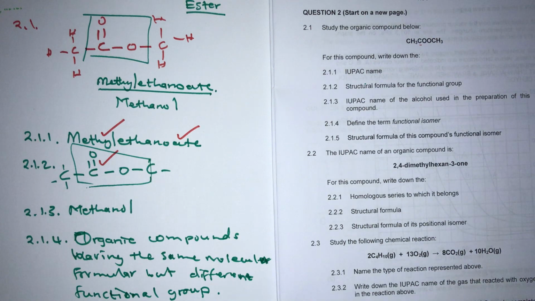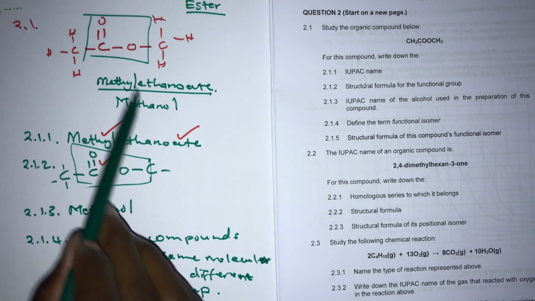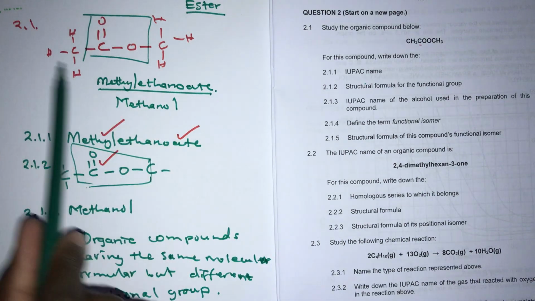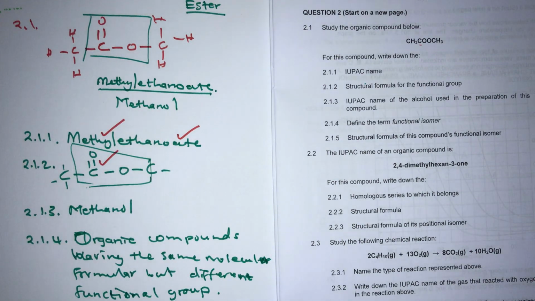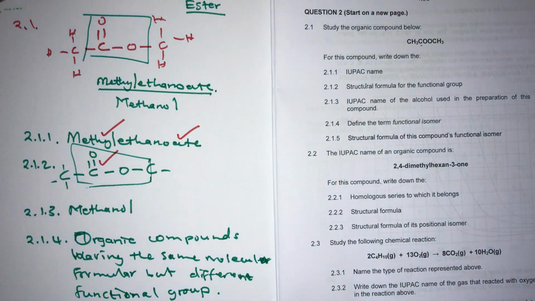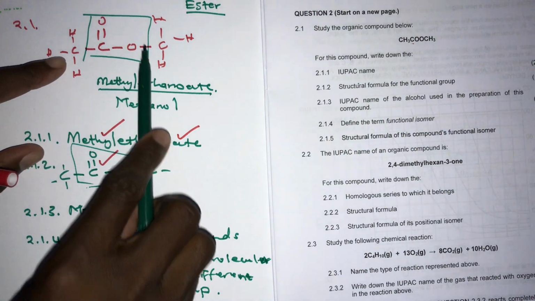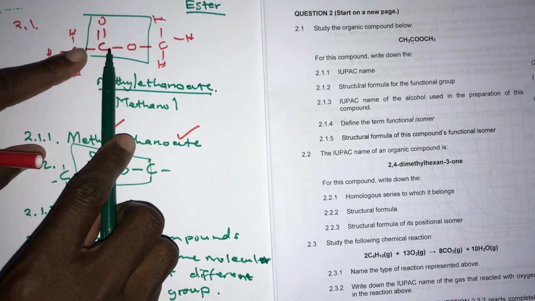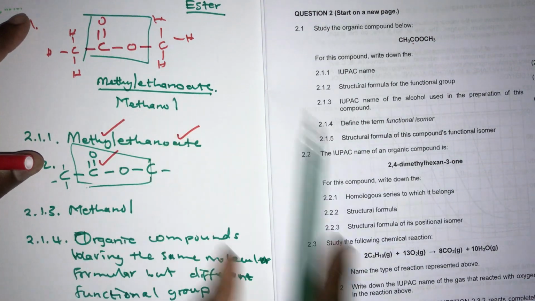So the functional isomer of the ester is a carboxylic acid. That means now we must move the functional group from this carbon atom to the last carbon atom. So let me shift this.